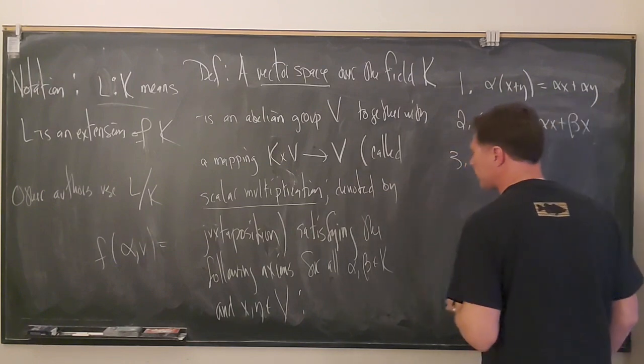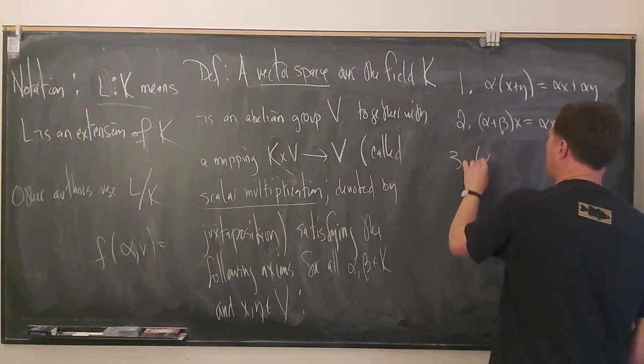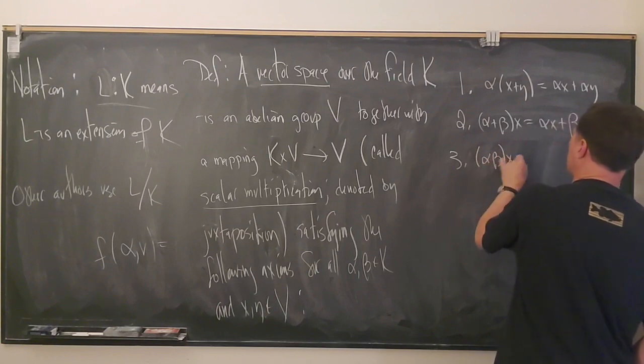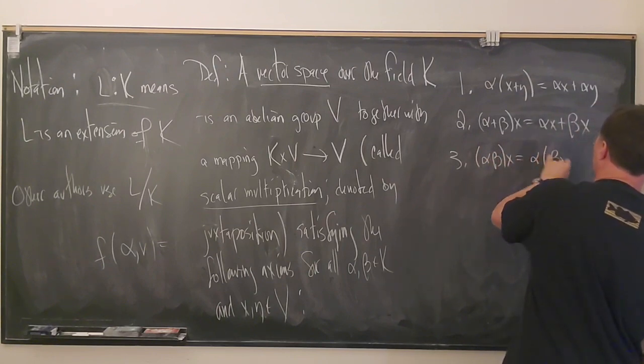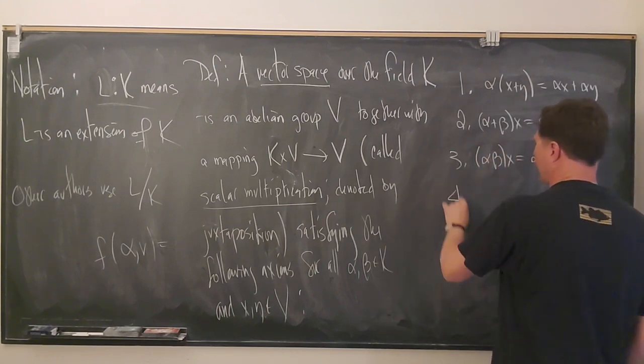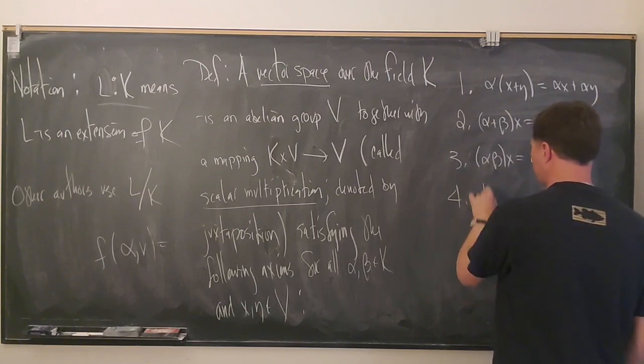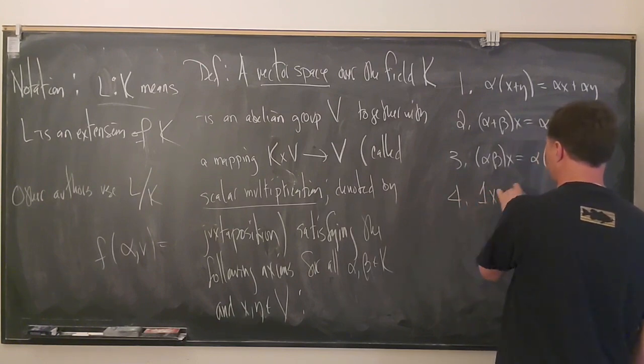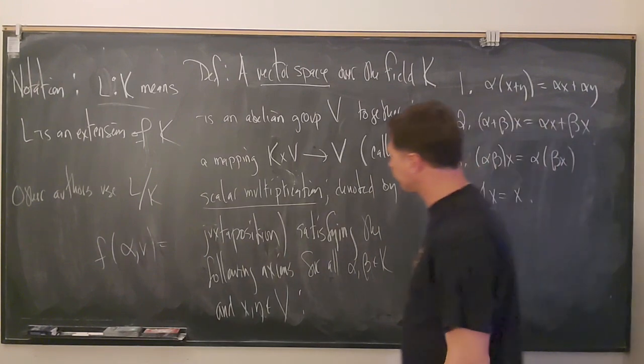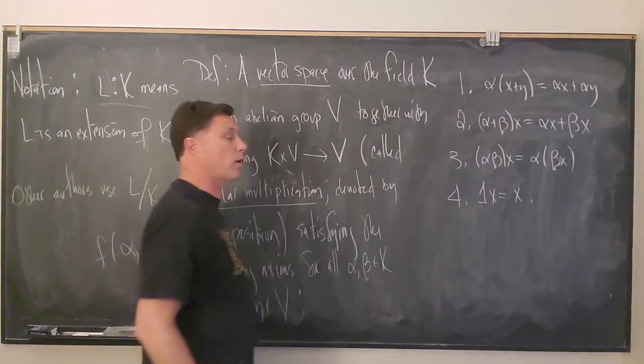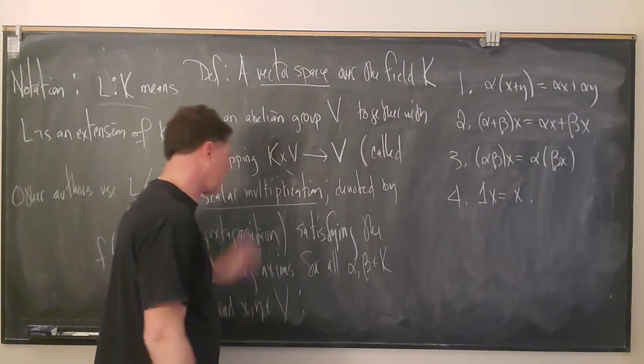There's an associative type property, alpha times (beta x) equals (alpha beta) times x, and then you need an identity property, that's 1x equals x. Much easier to remember 4 axioms, plus you need an abelian group and scalar multiplication.